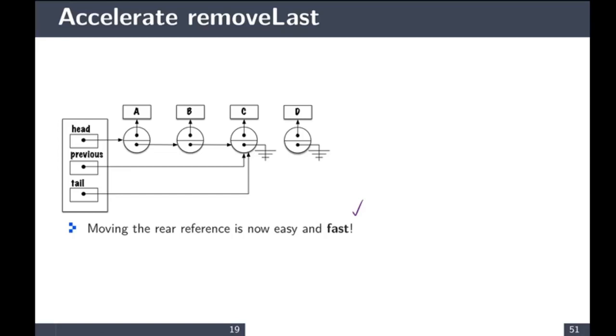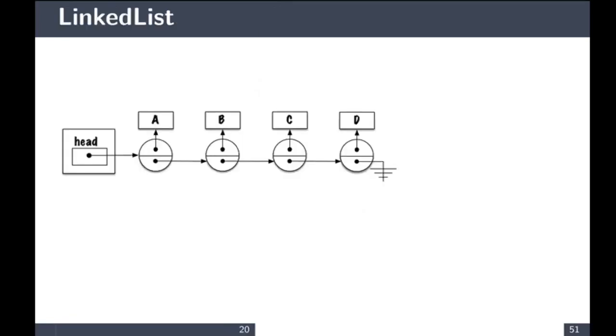So that we can save what's there, we can cut the link previous.next equals null, and we can move previous backward. But this is giving us a good starting point for our next implementation.